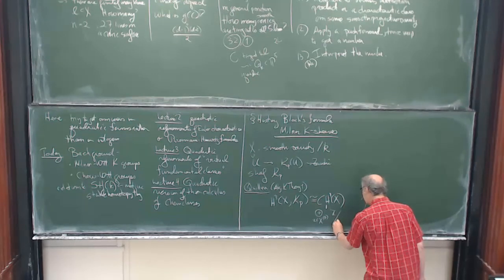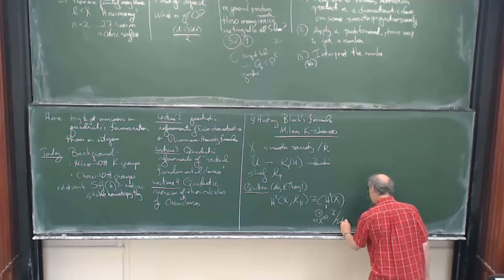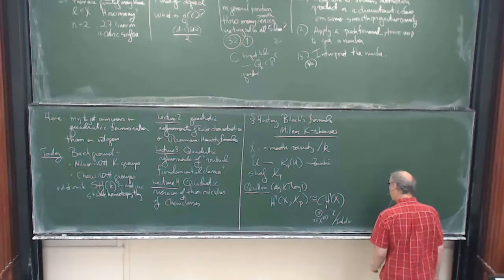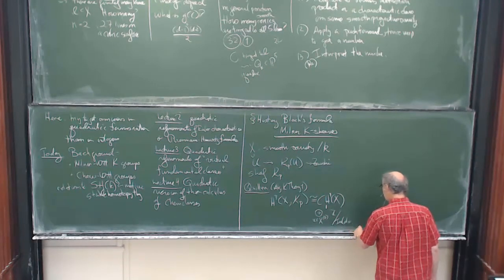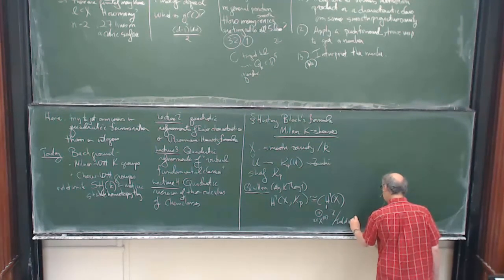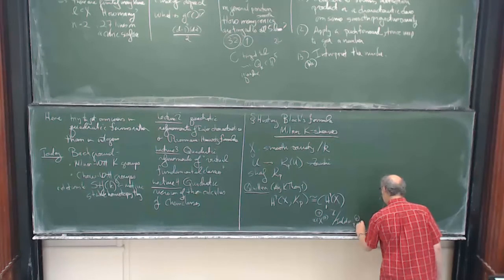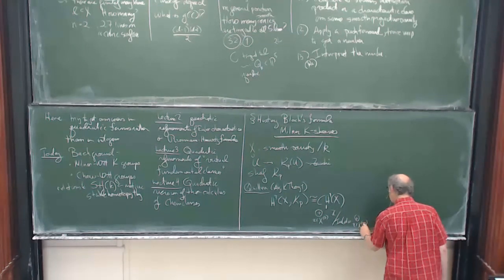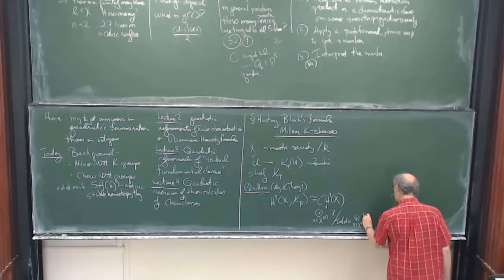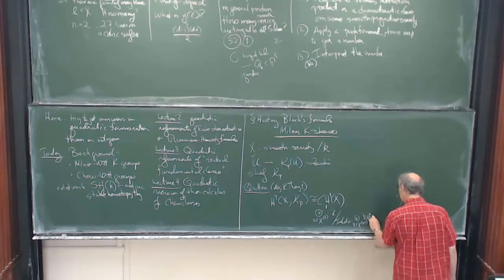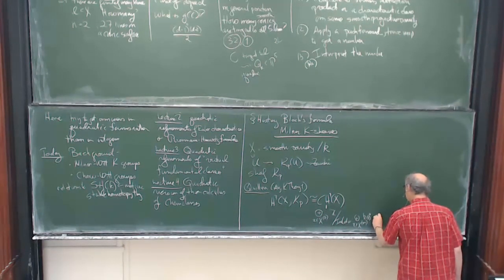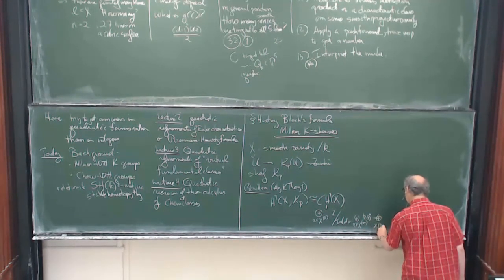So I'll just say image under some divisor map from, well, you can do the same thing. You can take the sum over things of one higher dimension, so one less codimension, of the function field going to this direct sum here.